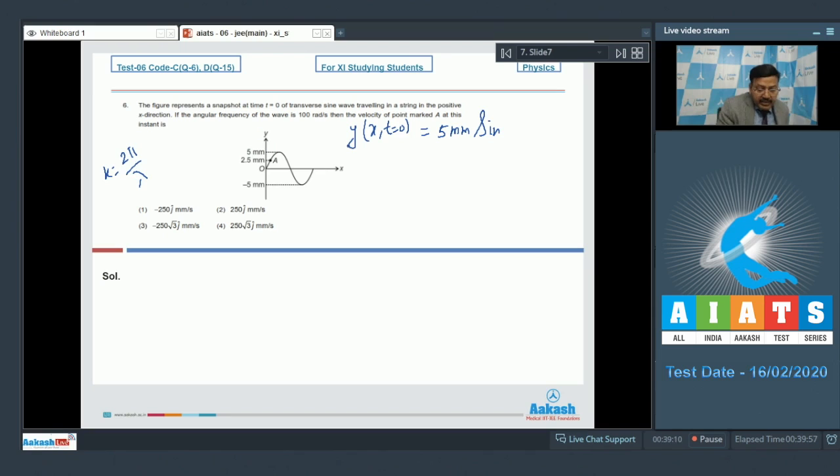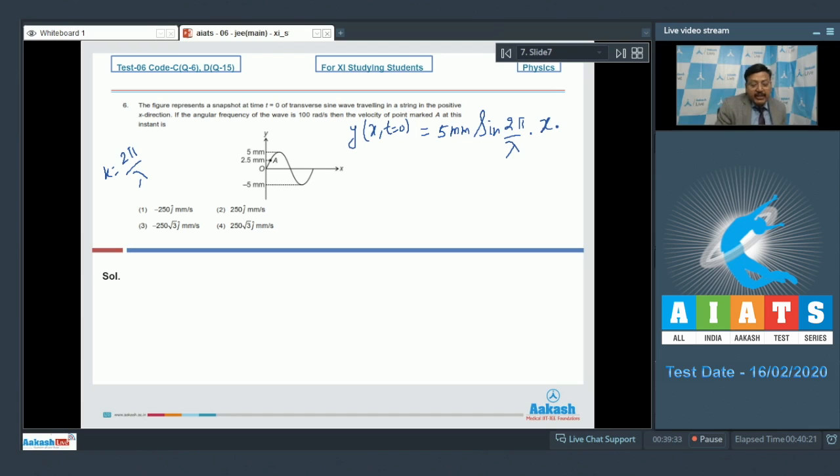The lambda we cannot figure out from the graph itself, so let it be 5 mm sine 2 pi by lambda into x. We can see that it will match if you look at the values of y versus x and also the slope. This is matching.